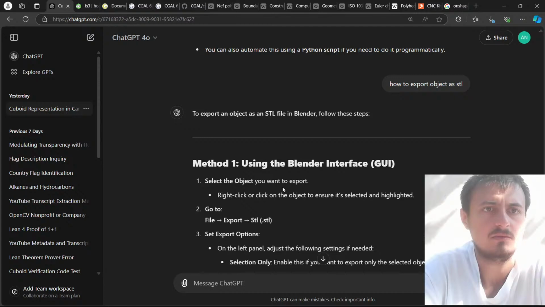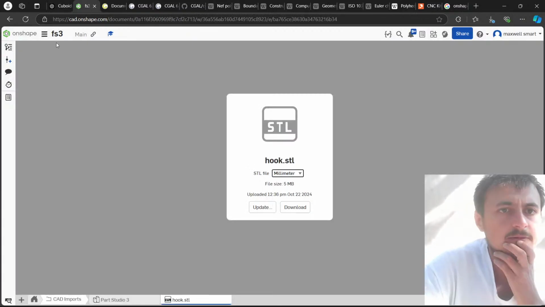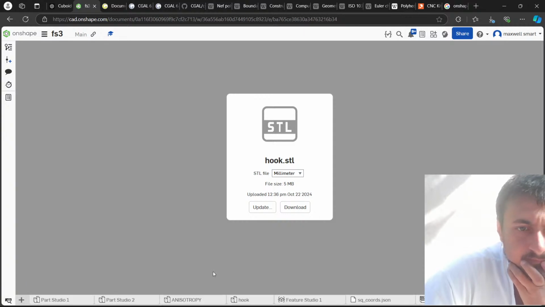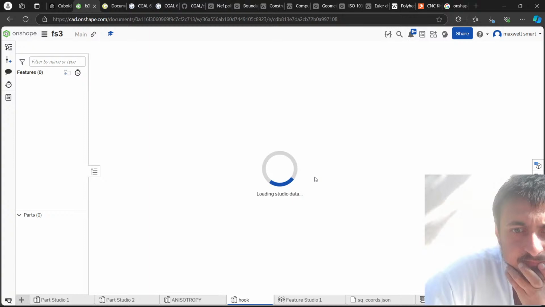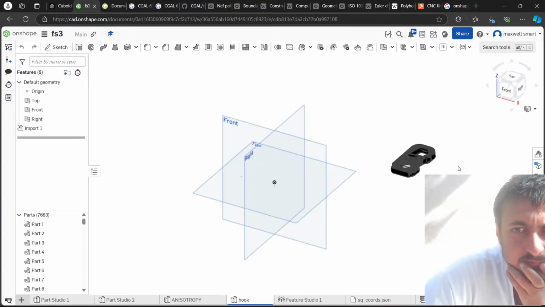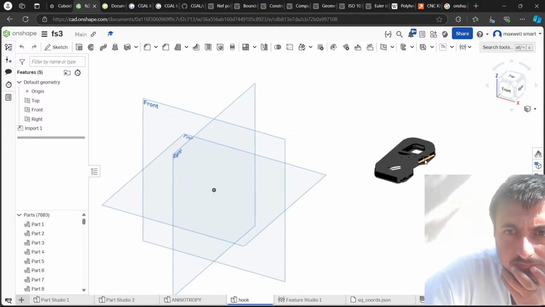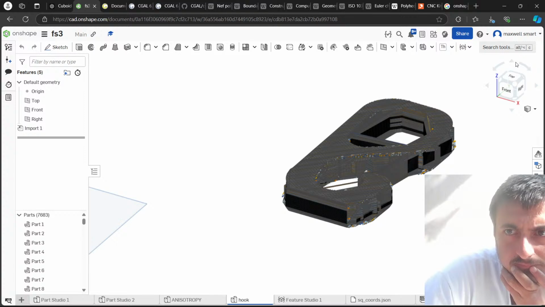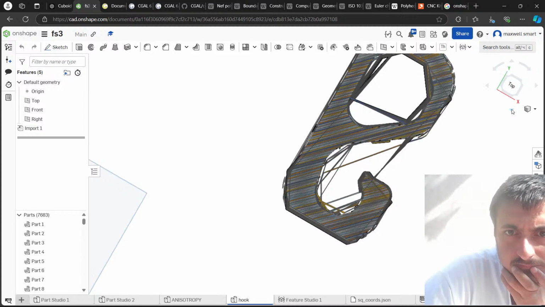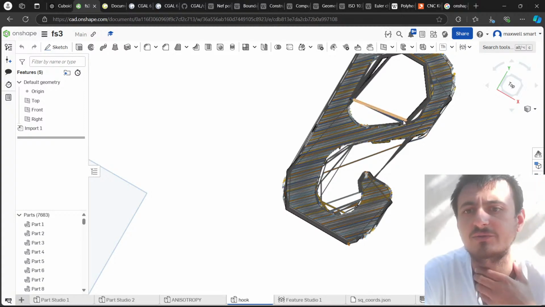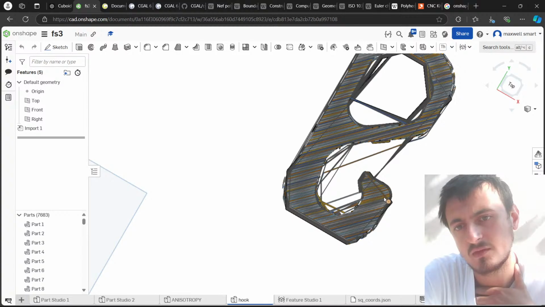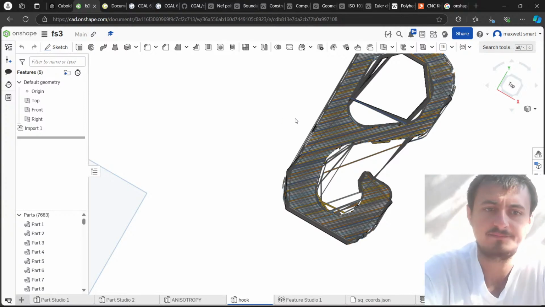Wait, what? There we go. Okay, so first off, this shows that we have bugs in the code. I wonder if we can just try to do a Boolean.